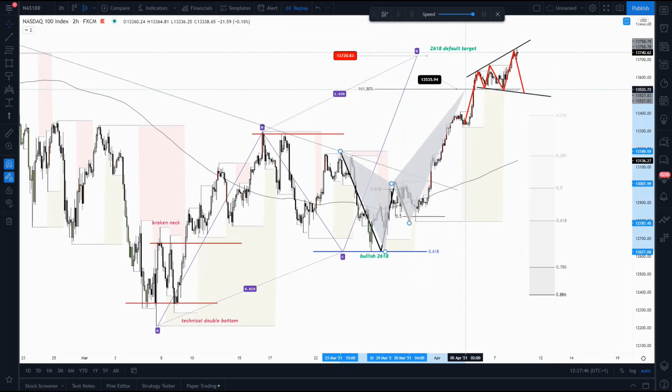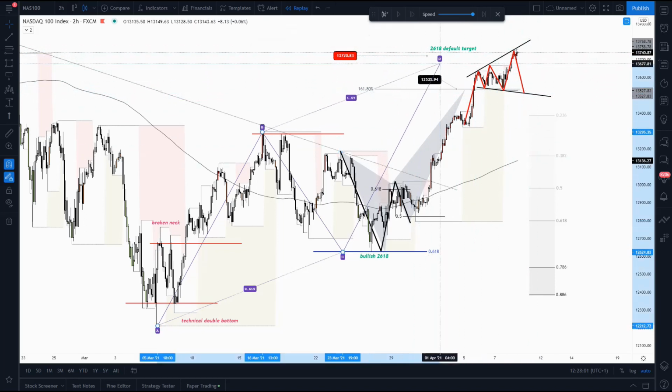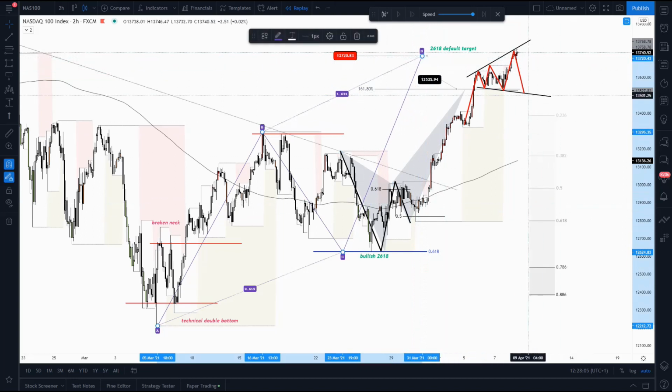This was, and it remains as a possibility, the completion point for the crab pattern. Of course, the market is already trading quite above that completion point, but we will not ignore that possibility, since we have completed also that symmetrical ABCD pattern.